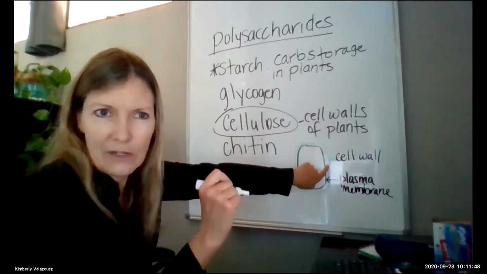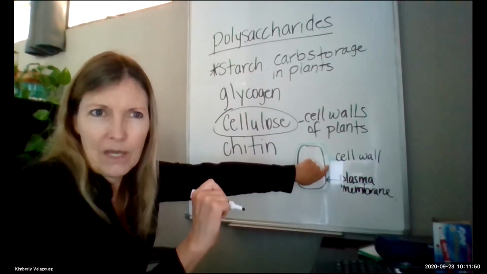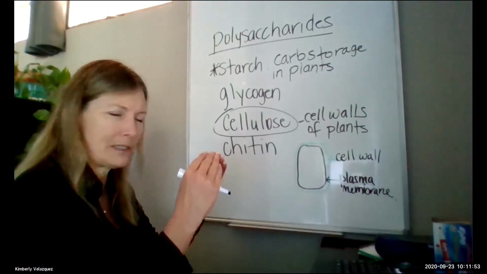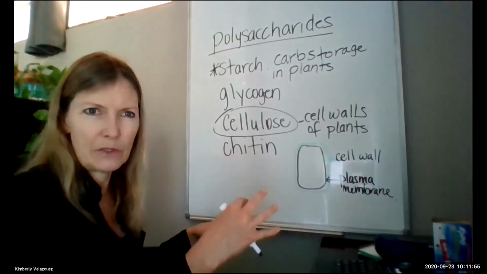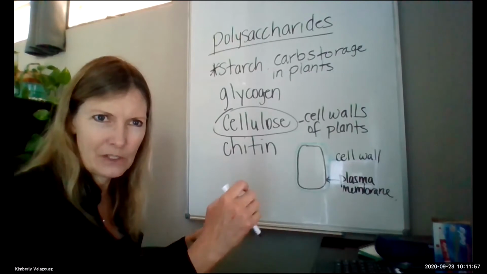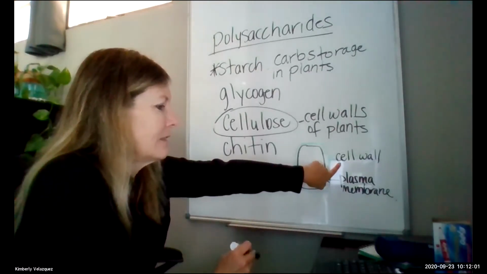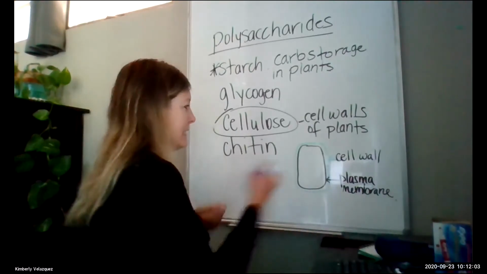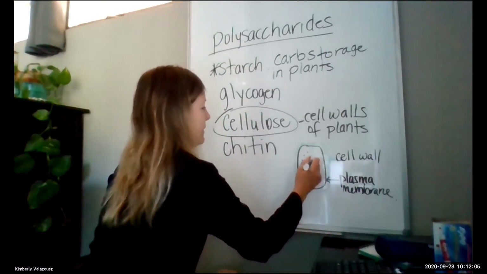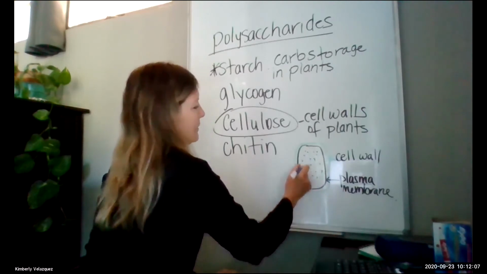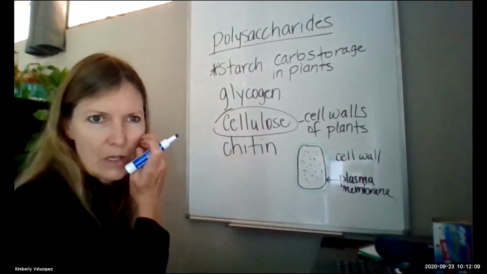And it's really just a chain of glucose, but what happens is the bond holding the glucose molecules together is just a little different in structure, and we don't have enzymes to digest this. And then inside here, if this is a plant cell, there's going to be a bunch of starch.